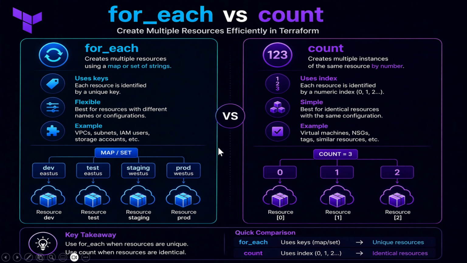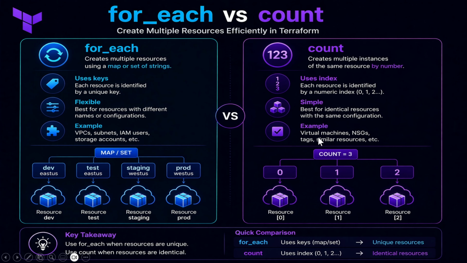First scenario, we need environments like dev, test, staging, and prod. Each one has different names and maybe different configurations. That's where for_each becomes perfect because each resource is unique and identified by a key. So instead of resource 0, 1, 2, we can have dev, test, and prod. Much cleaner and easier to manage.